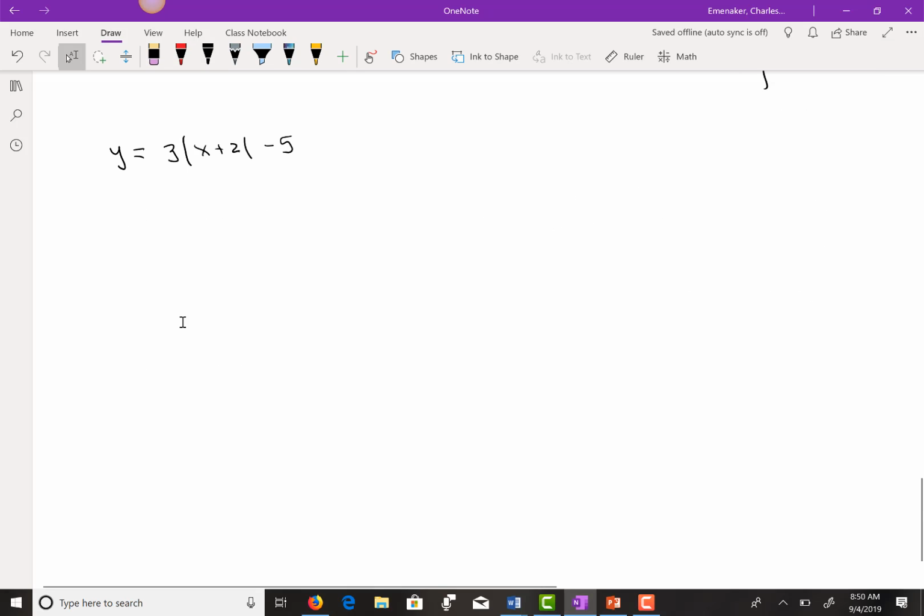Once you get the hang of it, you know what the basic shape is, right? What's the basic shape of absolute value? It's a V, isn't it? See that +2? What's that going to do to the V? Move it to the left 2 units. And the -5 is going to do what? Move it down 5 units, right?